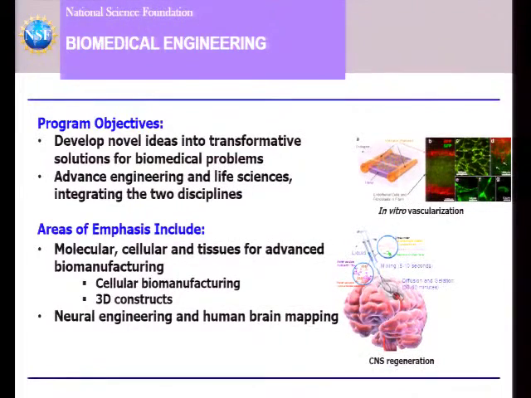And 3D constructs composed of matrices, scaffolds, growth factors, and living cells for the purpose of having a tissue engineering or regenerative medicine application, or serving for drug screening and toxicity testing as organs on a chip and so forth. And then the other thematic area in biomedical engineering is neural engineering and human brain mapping.